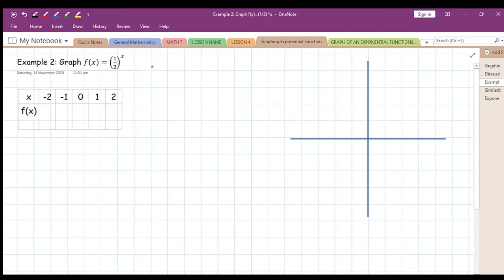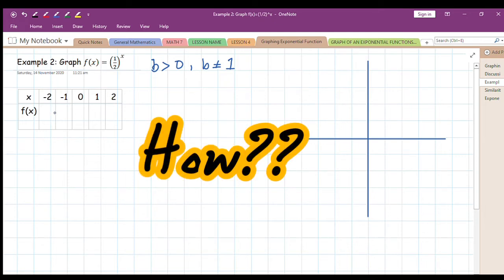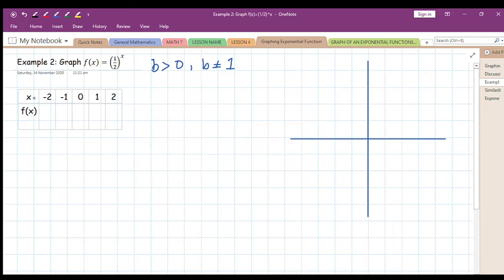We all know that our base is greater than 0 and our base is not equal to 1. So therefore, this is an exponential function. So now, how are we going to find the value of f of x? So we have these values of x, negative 2, negative 1, 0, 1, and then 2. So these values or these integers have negative, 0, and then a positive.